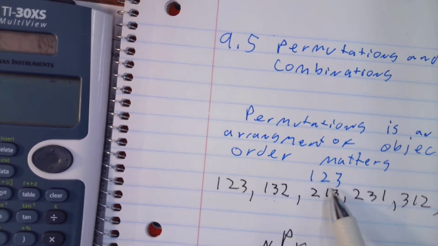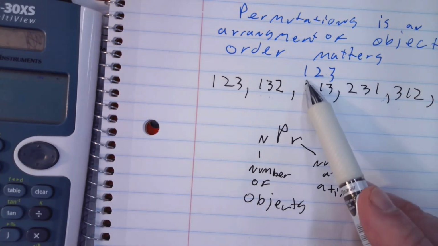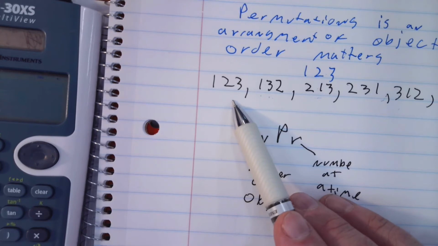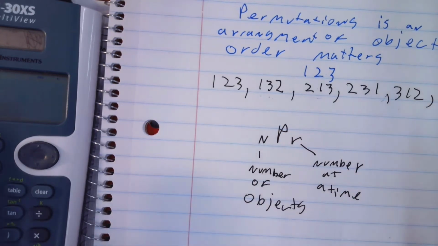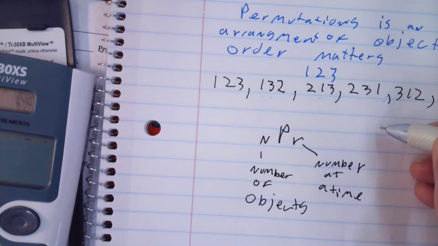So for example, up here, I have 3 objects, 1, 2, 3. And how many did I take at a time? 3 at a time. So we could put this into our calculator and figure out if I did this right.